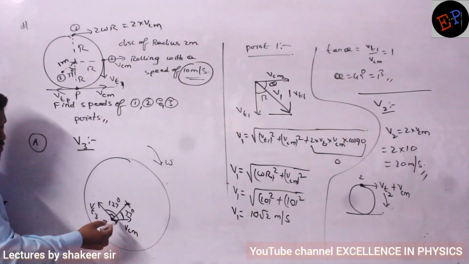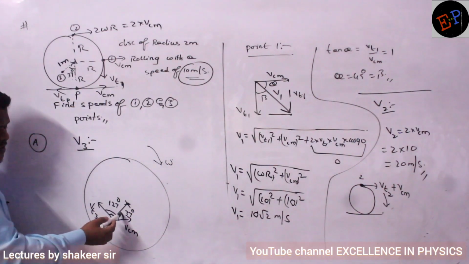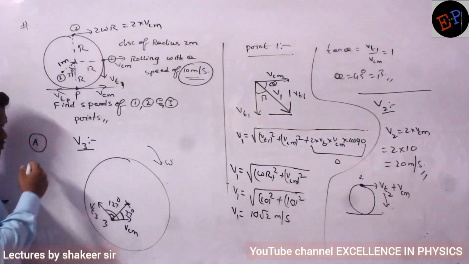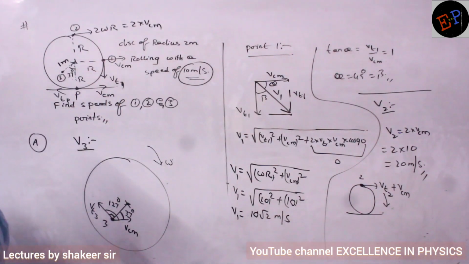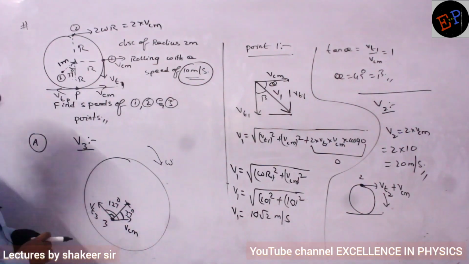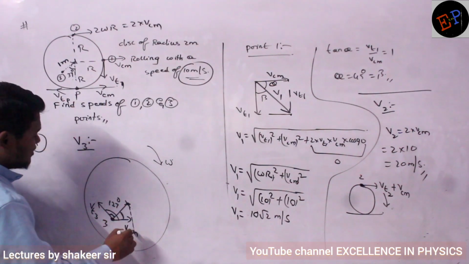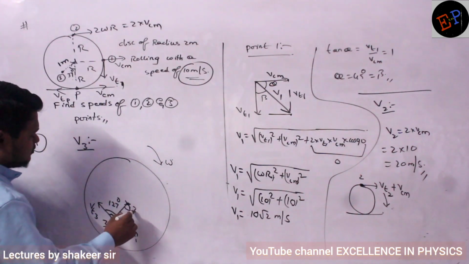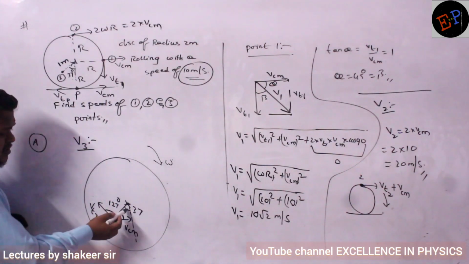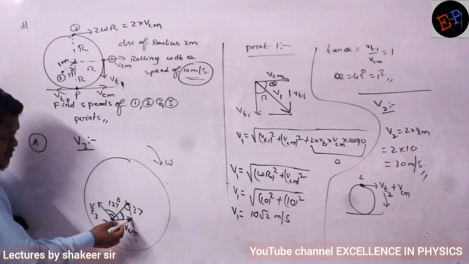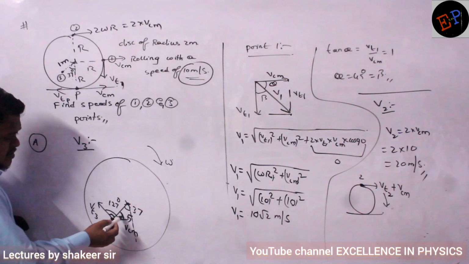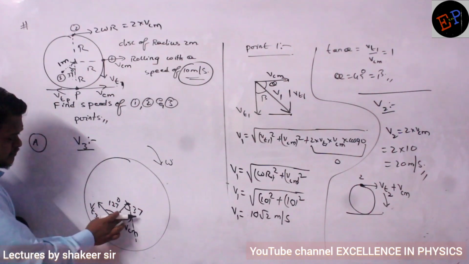So therefore what is the total angle between the 2 velocities? This angle he already gave, it is 37. Sorry, this angle he gave 37, no? If this angle is 37, this is 90. Here 90 degrees will be there, no? This angle will be 53.